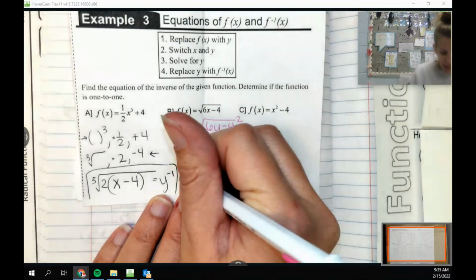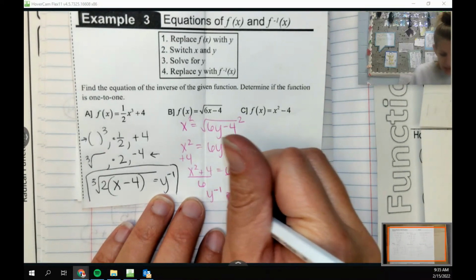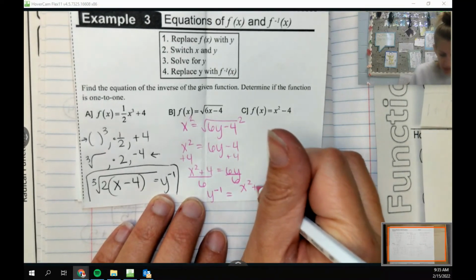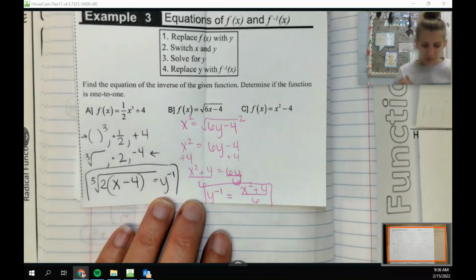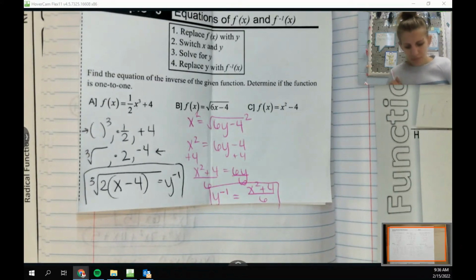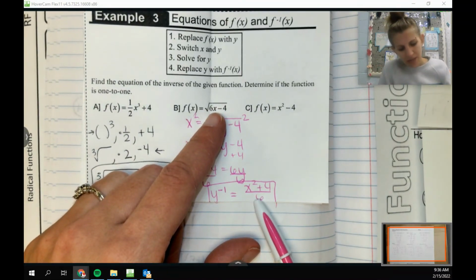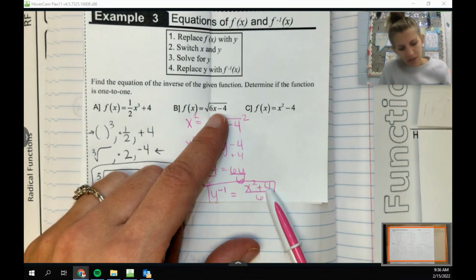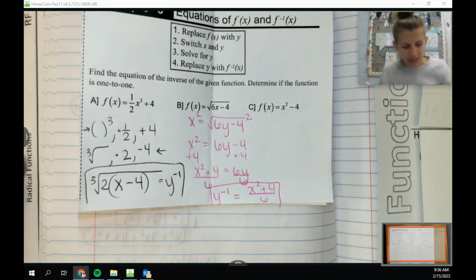And then divide by 6. And so my inverse function is x squared plus 4 all divided by 6. And again, if you think about it, if I was x, the first thing I would do is divide by 6, and then add 4, and then square. It's like we get it. It's getting there.